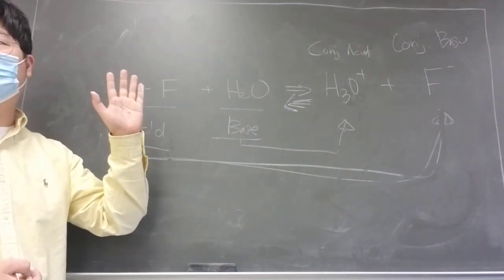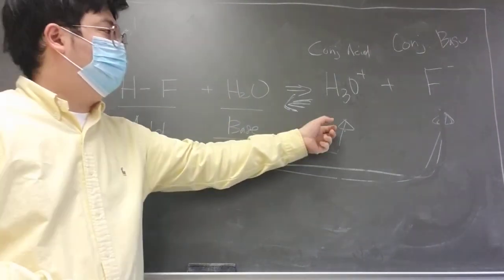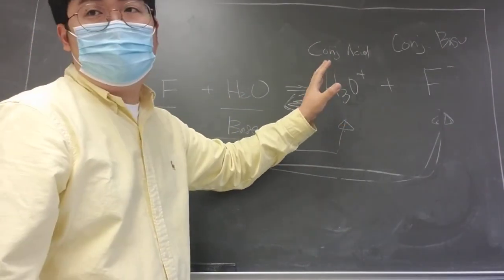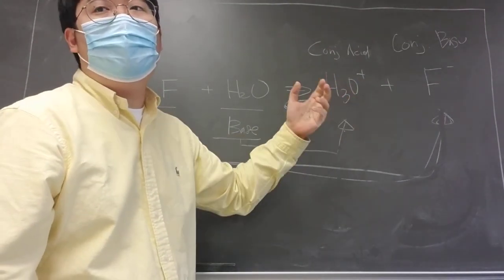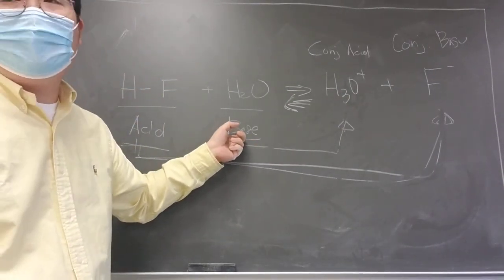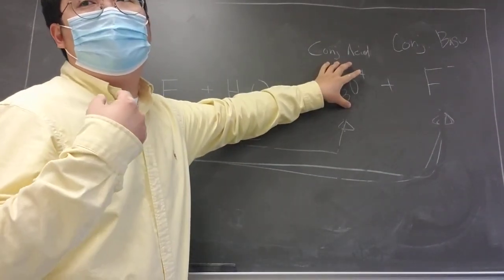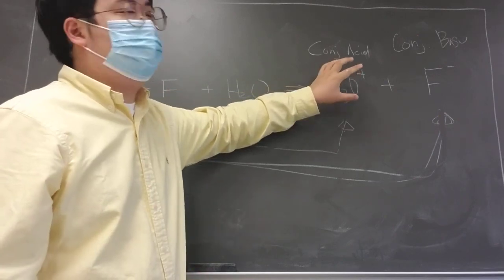That's why it becomes the base on the other side. The same thing goes for water and the hydrogen cation. Once water gets the proton to become the hydrogen cation, it can also donate it by returning to its original form, water. So it acts like an acid. We call this the conjugate acid.